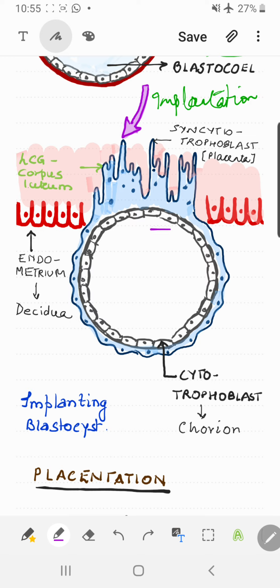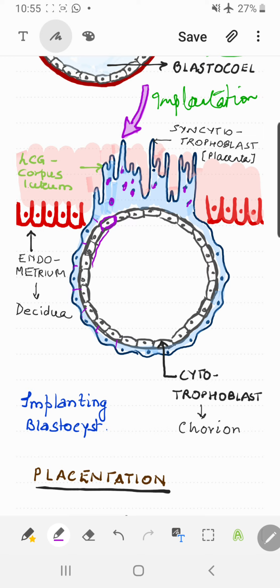If you can see the inner cells, they have a cell membrane, and then the nucleus. But in the outer structure, the cell membrane is not actually visible. All the nuclei are freely suspended in the villi, and the cell membrane is indistinct.